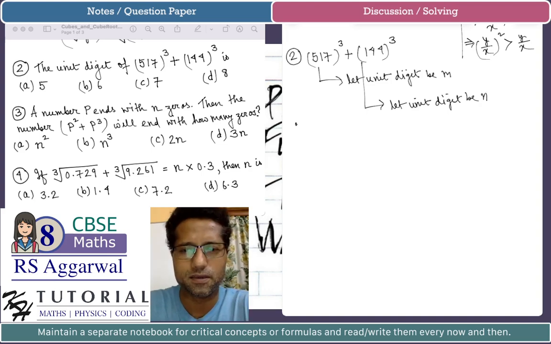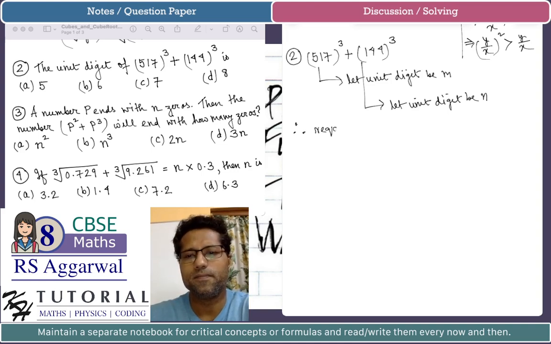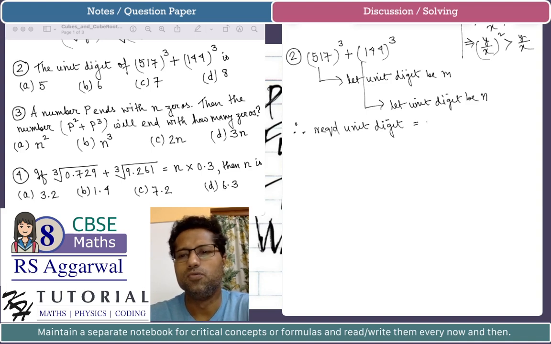Therefore we can say the required unit digit will be equal to the unit digit of m plus n.